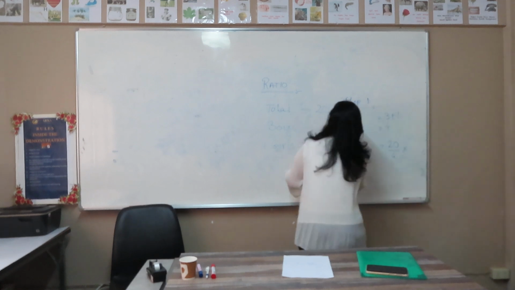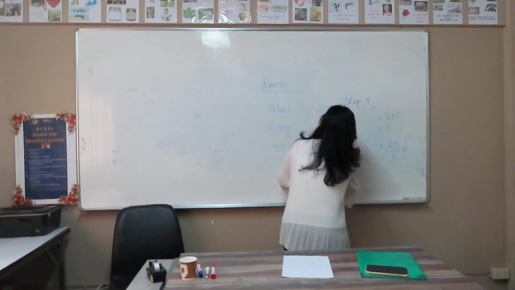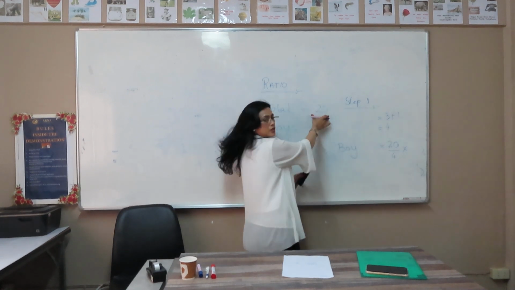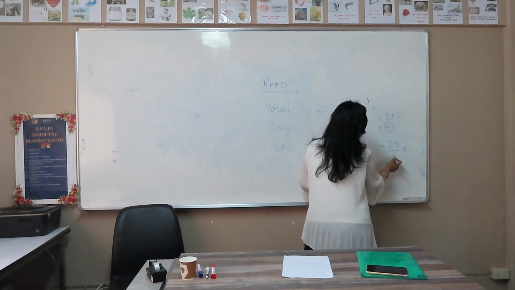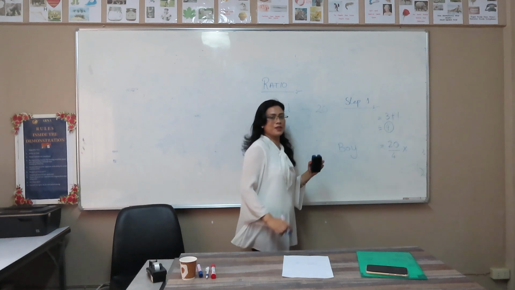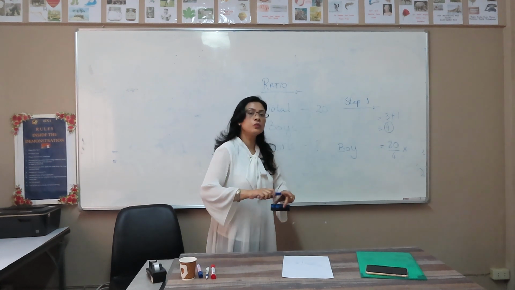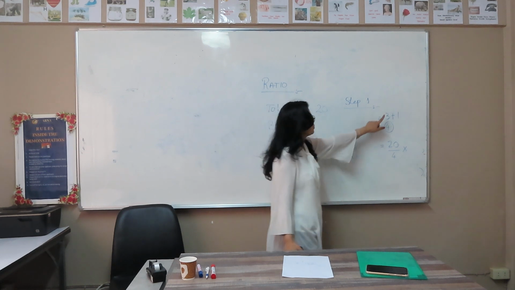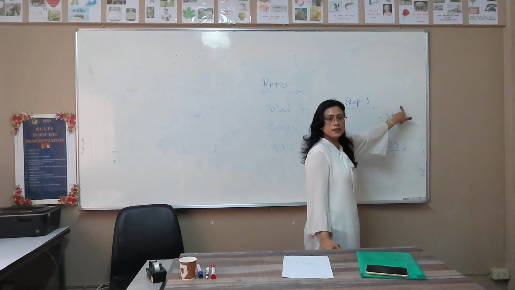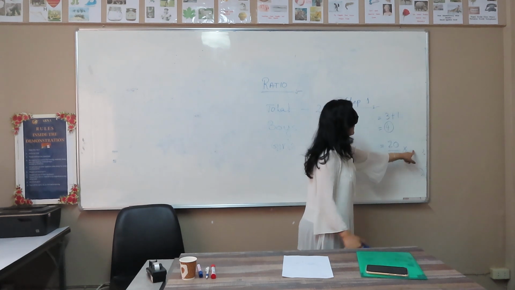If we talk about boys, we will divide the total number of students by the ratio total, and we will multiply by the proportion. Which proportion? We are talking about the boys, so the boy proportion is 3 and the girls is 1.